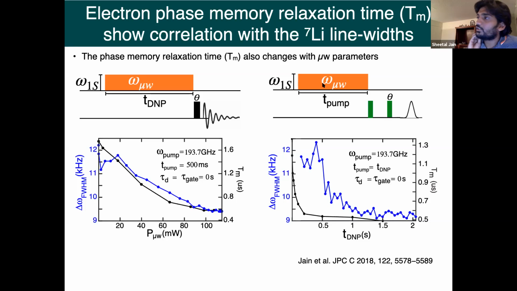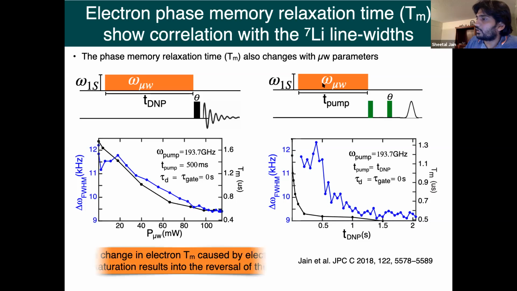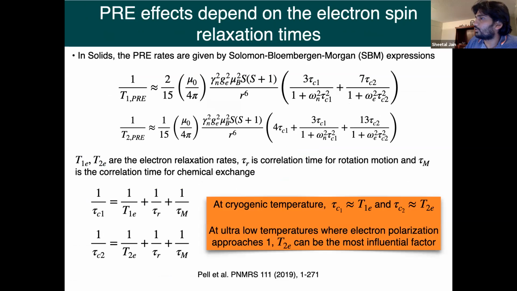T2E is changing, T1E is not changing. That's what I showed in this slide, that the correlation time is not only T1E, but also T2E. And if you go to a regime where the polarization becomes almost 1, there are studies that have shown that T2E can be more relevant.